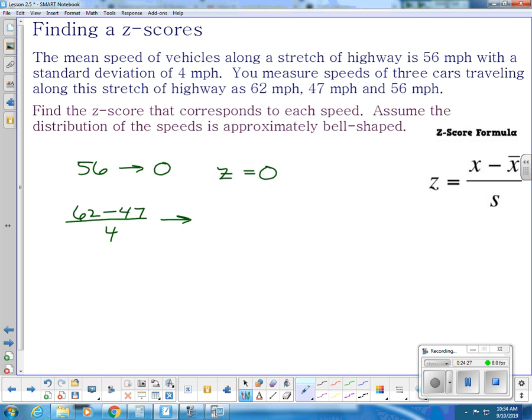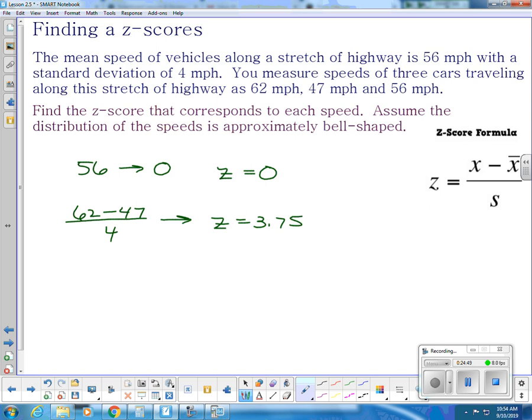Divided by 4. There you go, 3.75. That's pretty high, isn't it? Didn't we say most of the population is within 3 standard deviations of the mean? So if you're higher than 2 standard deviations, that's a pretty unusual event.